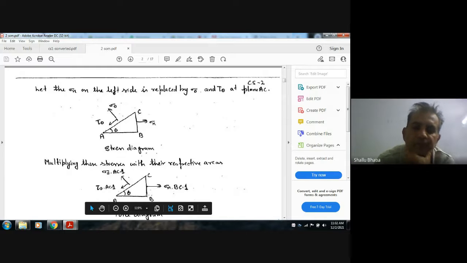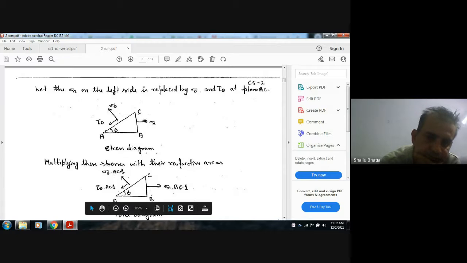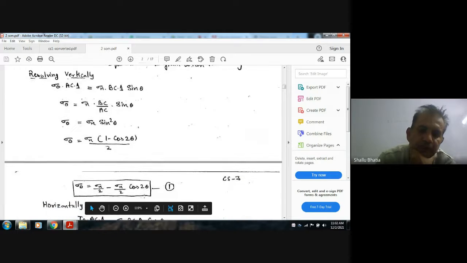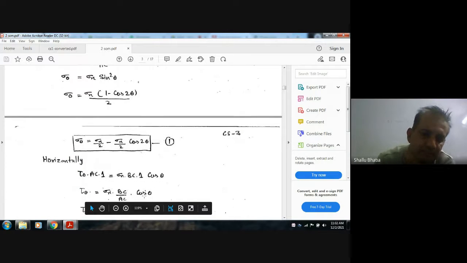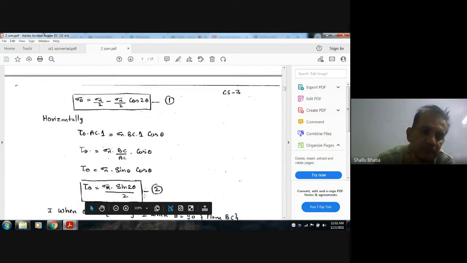In the question it can be asked to find the stress at an angle theta to the direction of sigma x, or at an angle theta to the plane AB. So these are the two formulas to find sigma theta and tau theta at an angle theta to the direction of sigma x.